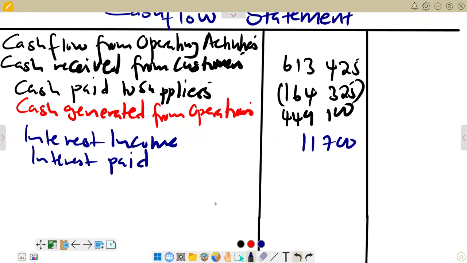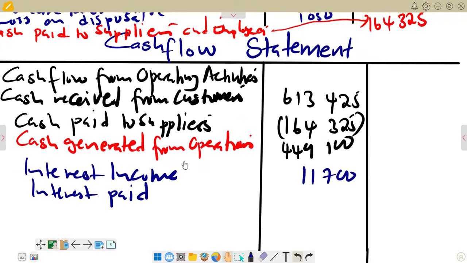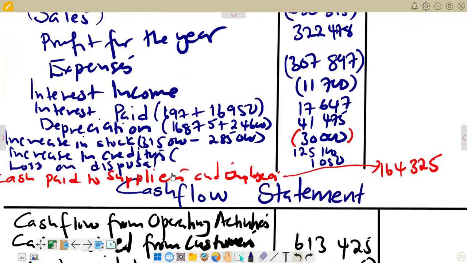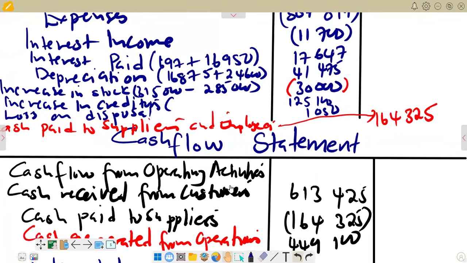Then also we are supposed to adjust for interest paid. And remember, we also adjusted this figure when we were calculating cash paid to suppliers. We adjusted it there, and then we got 17,647. So this is the figure that we are also supposed to readjust in the cash flow statement.